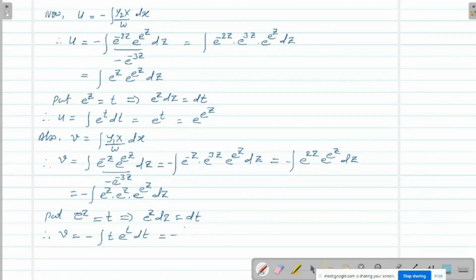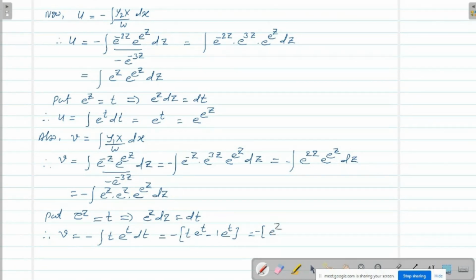So negative sign I'm taking outside. This is u, this is v. u, integration of v is e raised to t, and derivative of u, integration of v1, that is e raised to t.